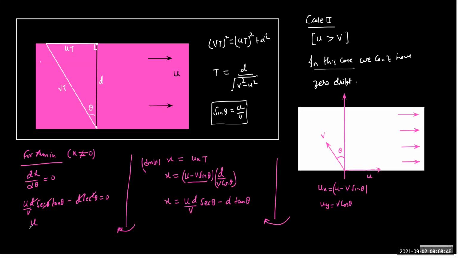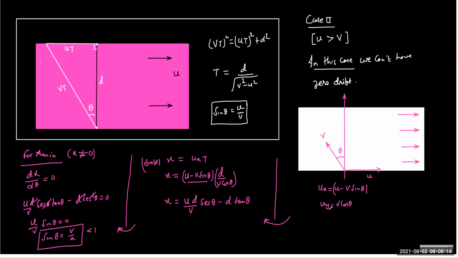What you get is u by v, sin by cos, 1 by cos cancels, sin theta equals... So here sin theta turns out to be v by u, which is logical because u is bigger than v. Now this will be less than 1 for sure. So the angle formula we got earlier was u by v because v was bigger, but now we are getting v by u, which is making sense also.